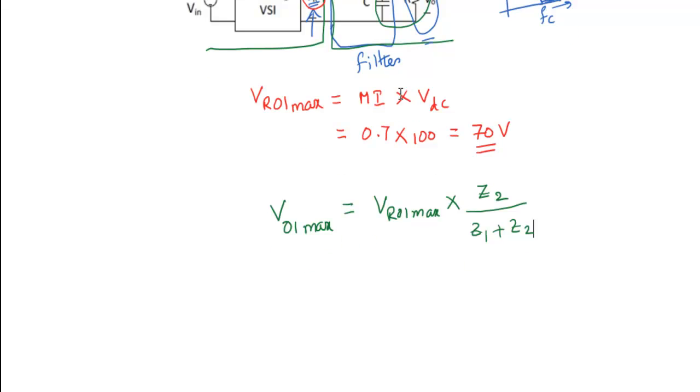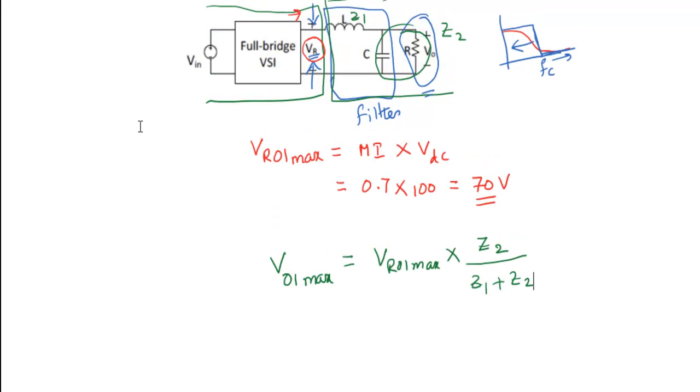But what is Z2 here? That we need to calculate now. So Z1 and Z2 we need to calculate. Z1 is nothing but, you can use X or whichever way we can represent, J omega L, that we need to calculate.